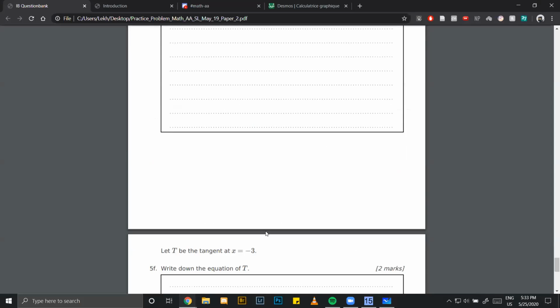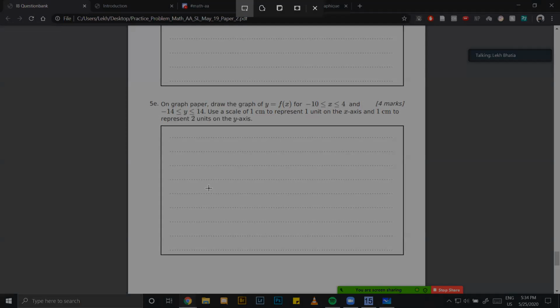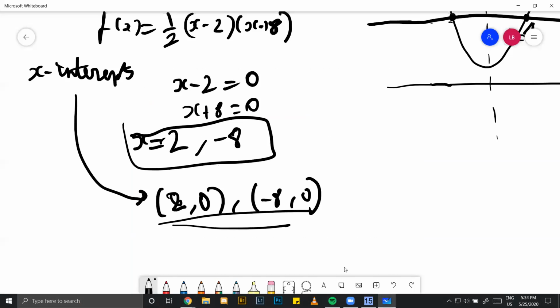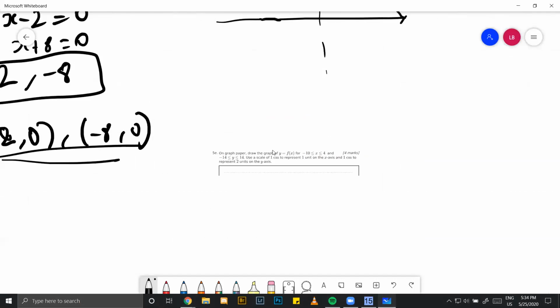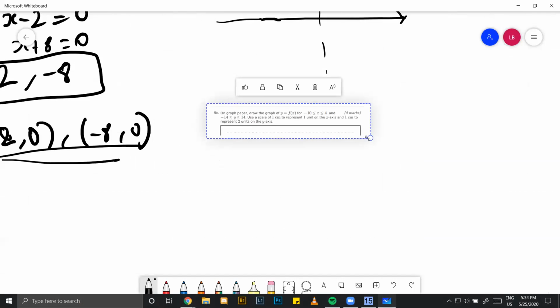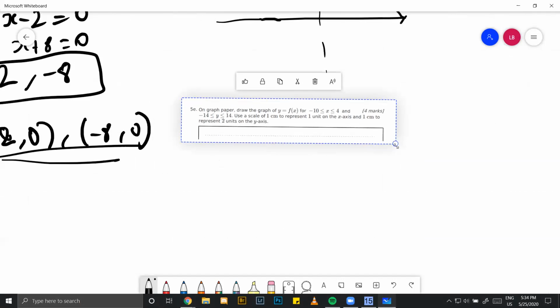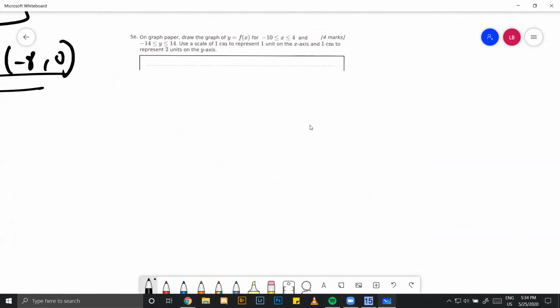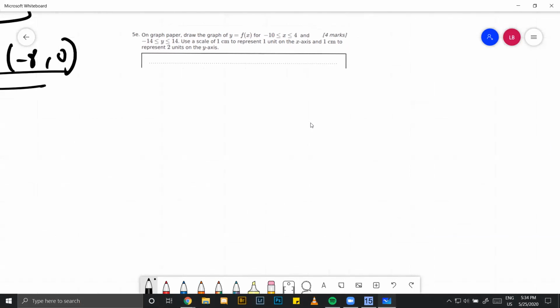On graph paper, draw the, oh my God. I can do this, but I don't know if I want to do this right now.